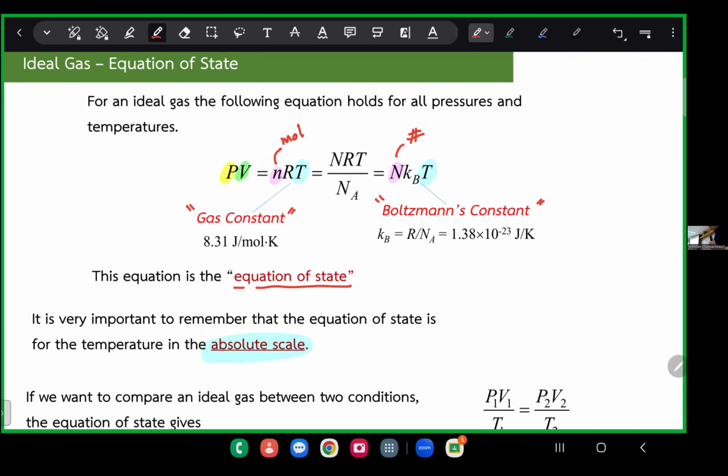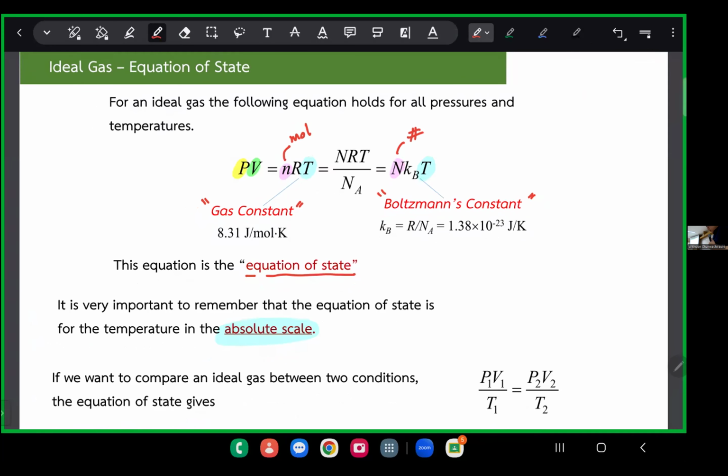So one consequence of this is nice. Because if you move the temperature over from the right-hand side, it will be either number of moles times R or the number of particles times the Boltzmann constant. The right-hand side are constants anyway.